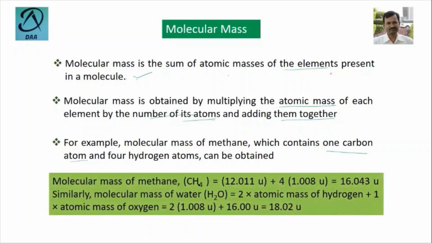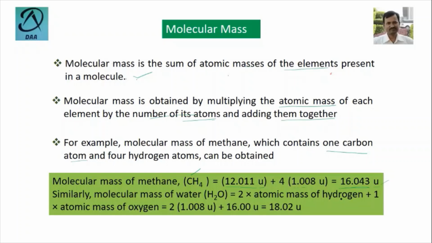In this case, for 1 carbon, its average atomic mass is whatever we just calculated, 12.011 U, plus for the 4 hydrogen, 4 multiplied by the average atomic mass of hydrogen, 1.008 U. So the final calculation will be 16.043 U or AMU.